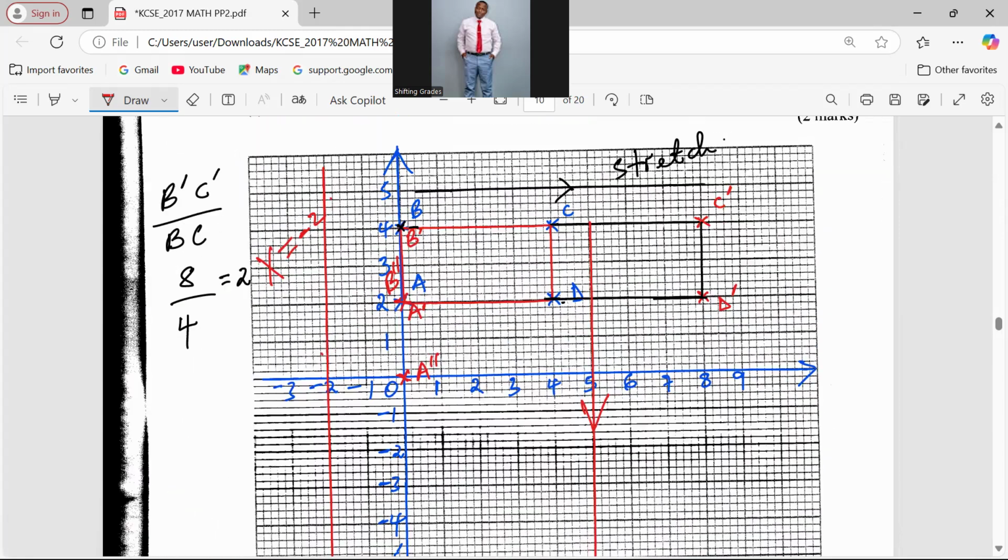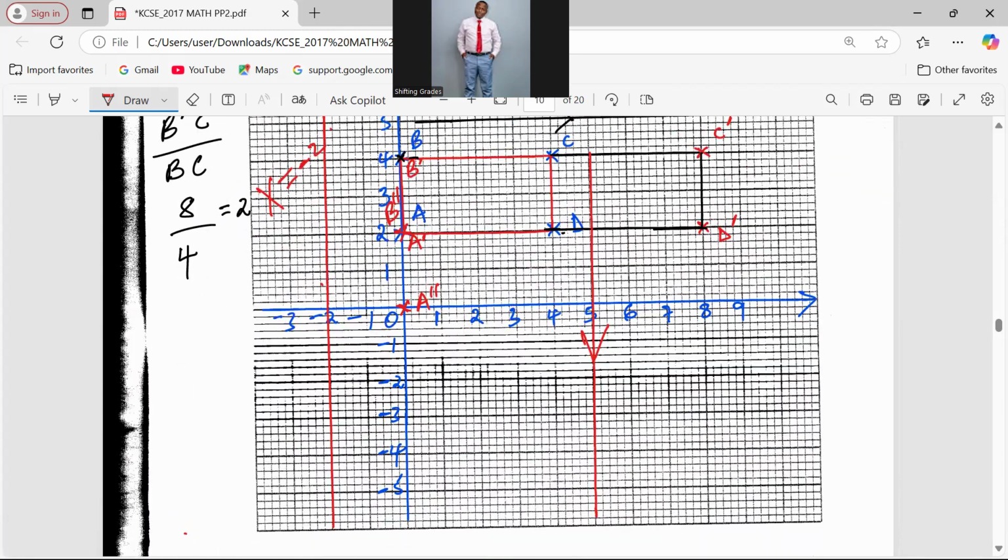And because area is invariant, these coordinates, where there is C and D, we also have to cause a certain movement such that we get what we call a parallelogram whose area is the same as that of the rectangle that we were having.